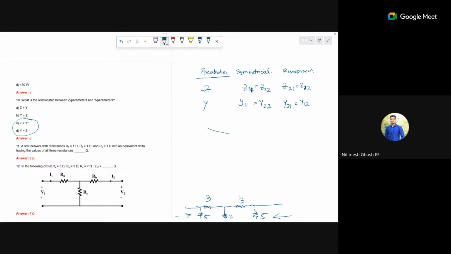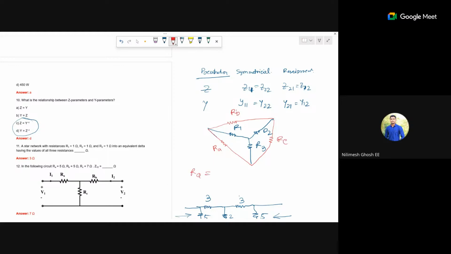If there is a star network like this, let's say this is R1, this is R2, this is R3. We are converting it to delta, and let's say this is RA, this is RB, this is RC. So what will be RB?